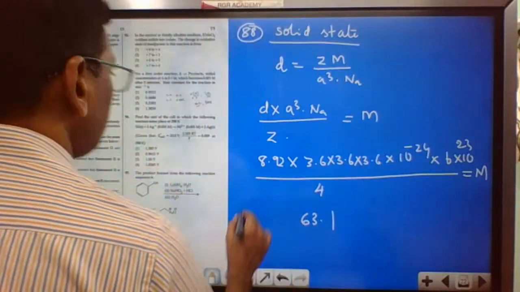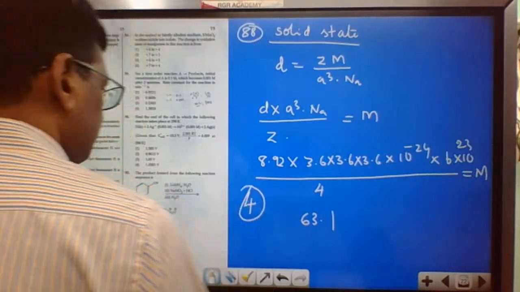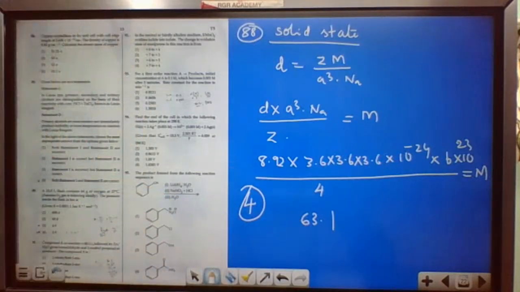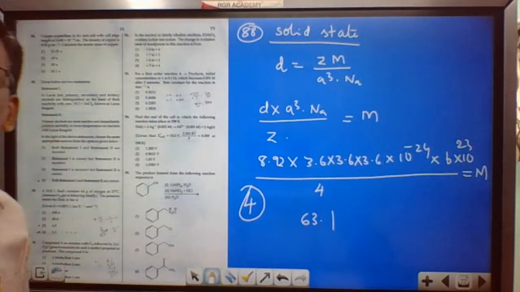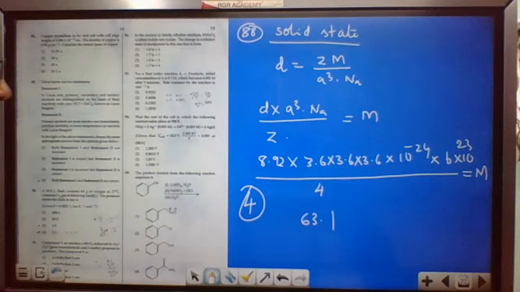So the option is fourth option. For 88, option is 4.